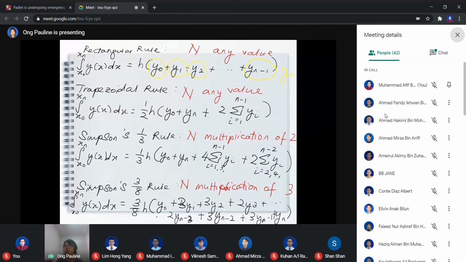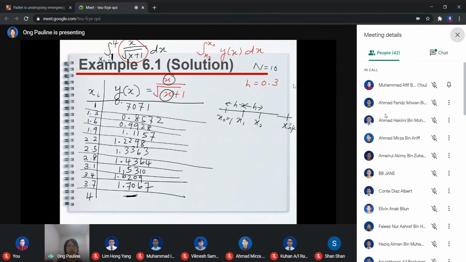I do not need the value of yn, so I do not need to calculate the function y when x equals xn. That is why in my calculations here I do not include the ending point xn.